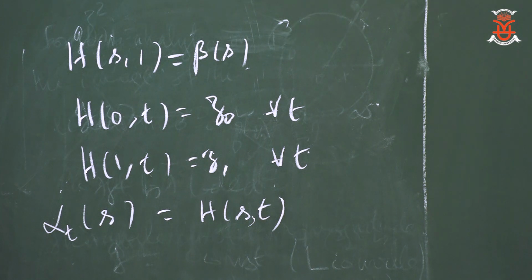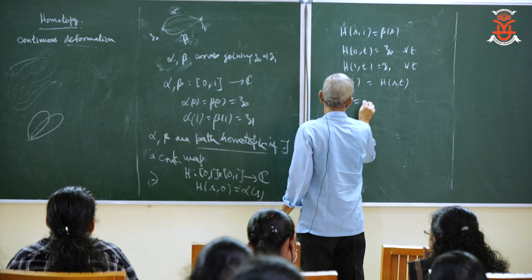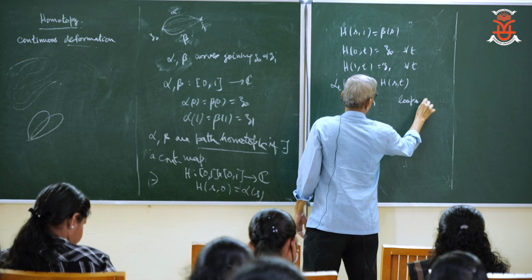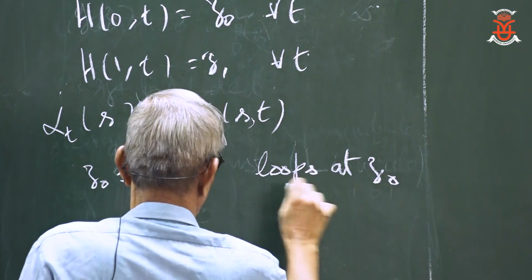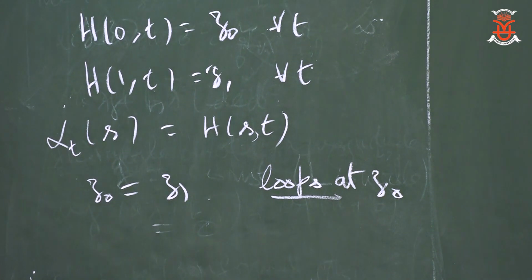So in particular, of course, we are interested in loops, which means the end point is the same as the initial point, right? So if z0 equals z1, we get loops at z1, or closed paths; we call them loops.